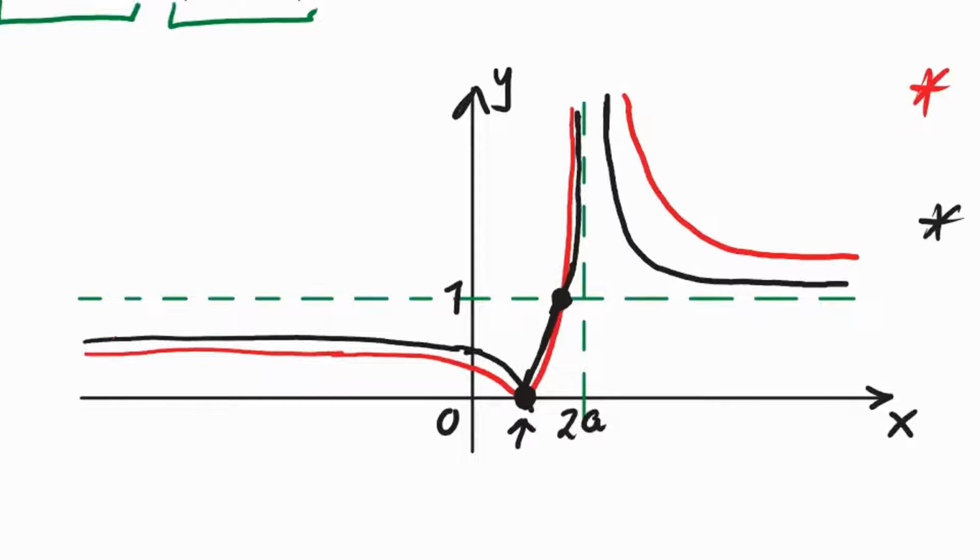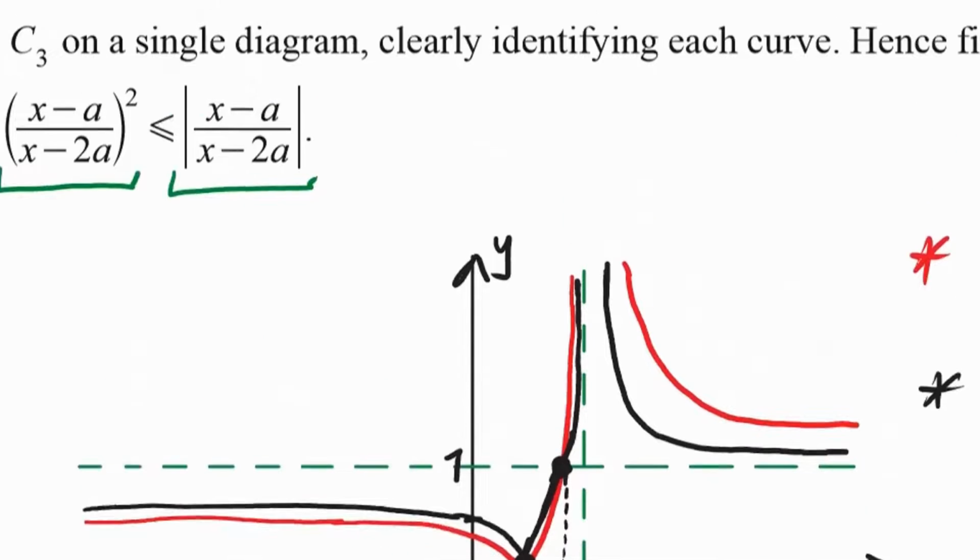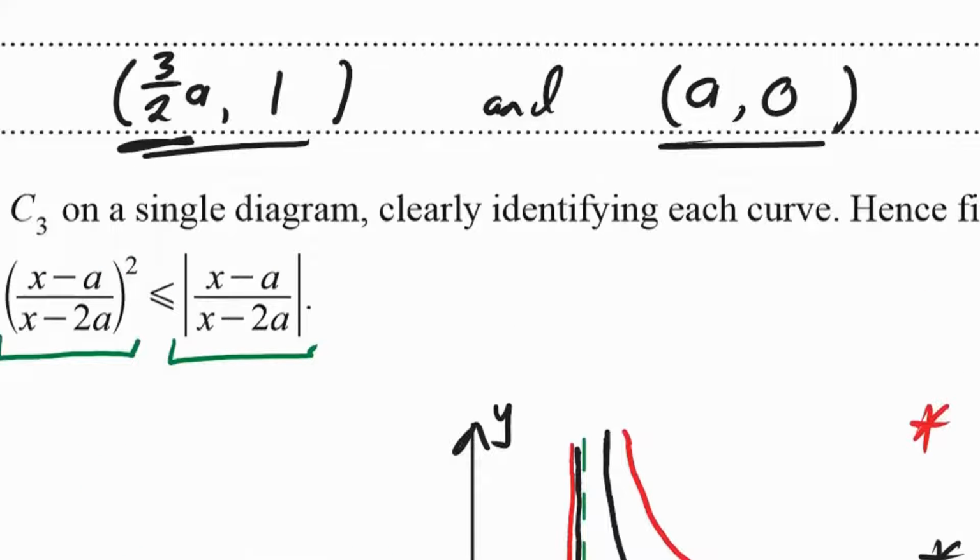So relative to those 2 points, you can see here that the squared graph, which is in red, is vertically below the black graph, which is C3, for all values that are less than this point of intersection, which is when x has a value of 3/2 a.